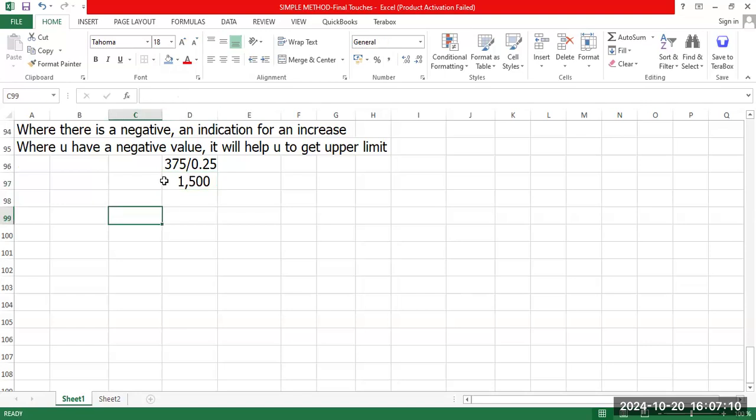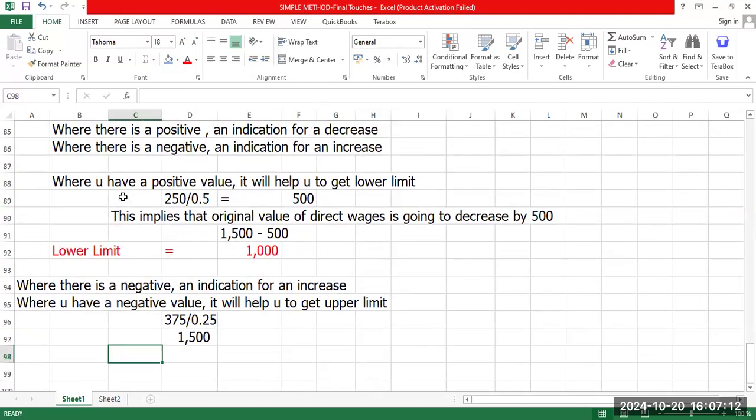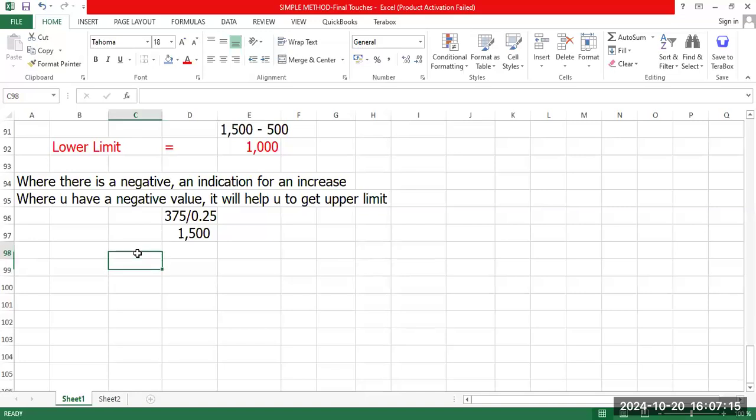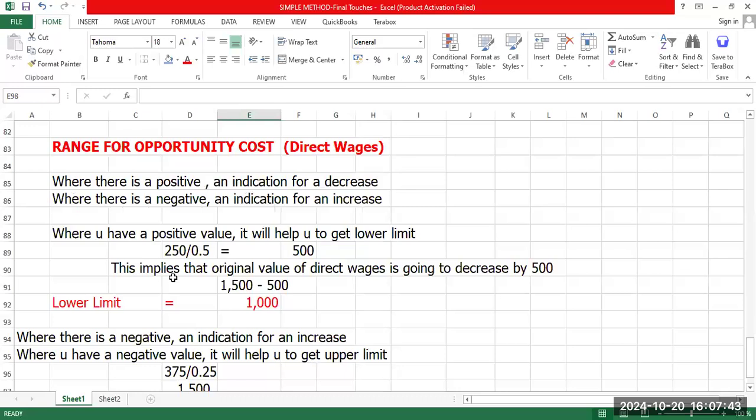Once you get this, what was your original value of direct wages? The original value was 1,500. Then you add this new figure. So in short, you get original value plus new value to get the upper limit. Here you get the original value minus the new figure to get the lower limit.